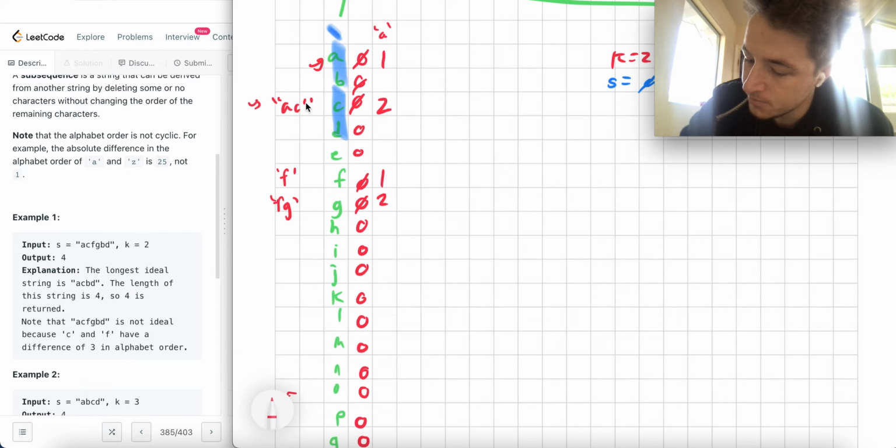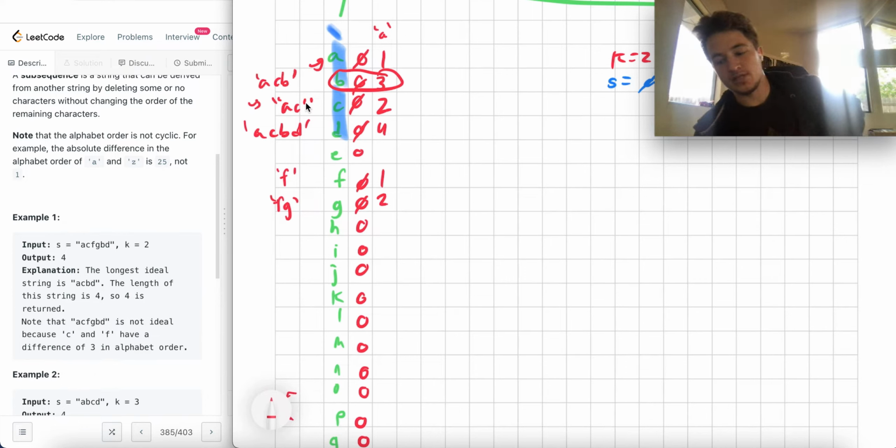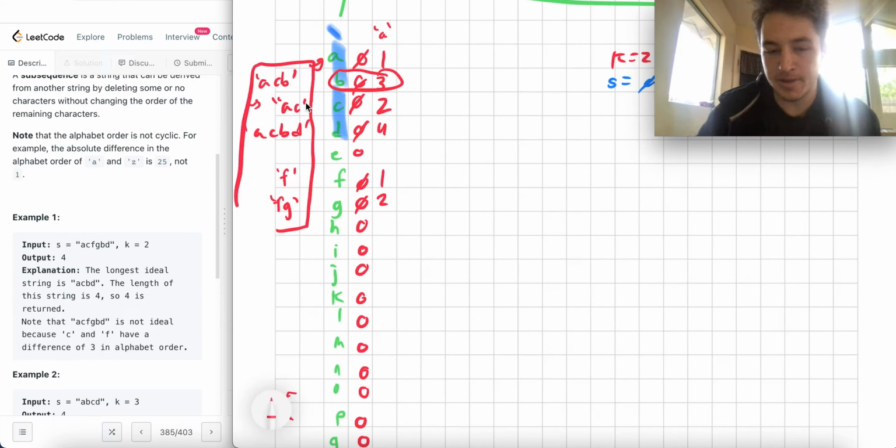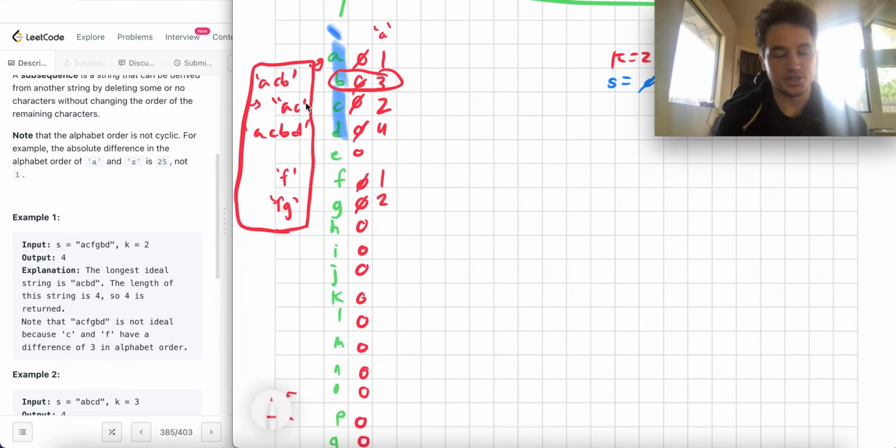So this becomes 3, corresponding to ACB. And then we play the same game with D, and D becomes 4 because it'll attach itself to this one, plus 1, so ACBD, and that's the longest subsequence. Now, we don't actually need to keep information about what the longest subsequence is, just its length. So we don't need to worry about that.